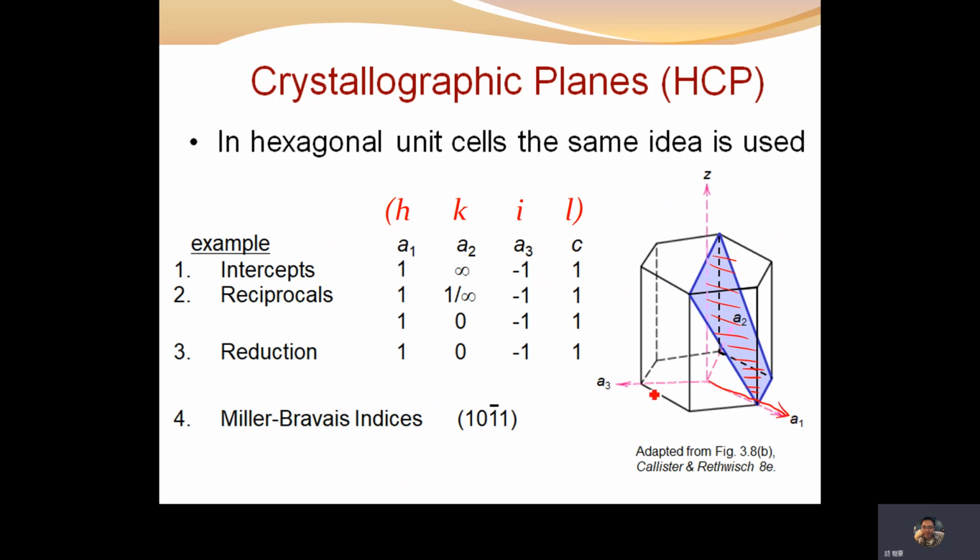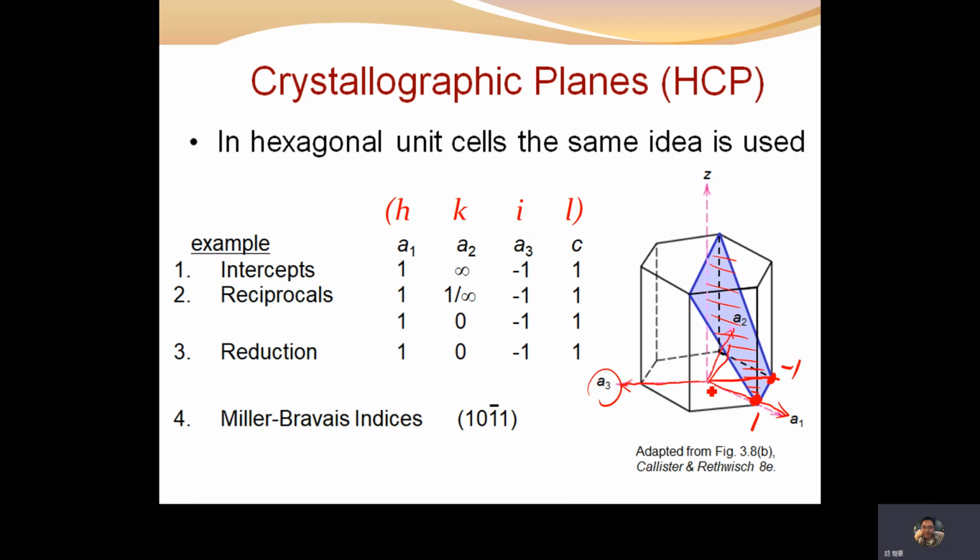We have a1, a2, and a3, right? So this plane has an intercept on a1, right here, and an intercept on a3, which is -1. It's right here. It's the a3, and it's -1.